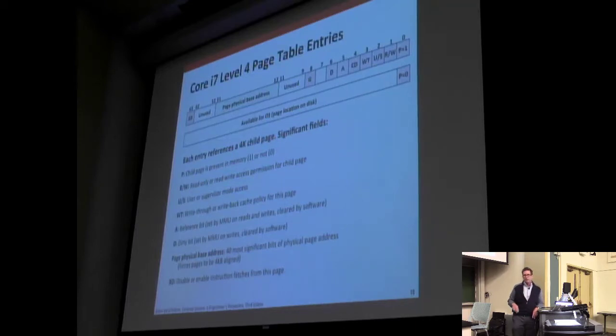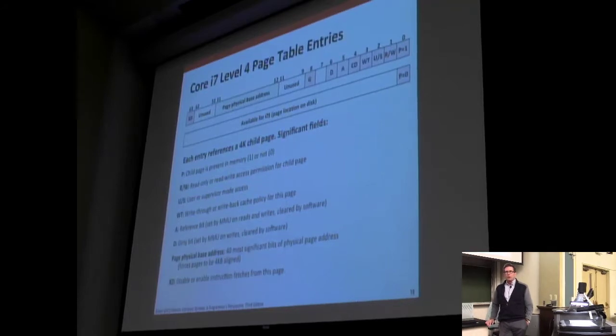Did you have a question? What are the different kinds of protection that are being provided by the U/S bit versus the X bit? The execute bit means that you can't load any instructions from that page.